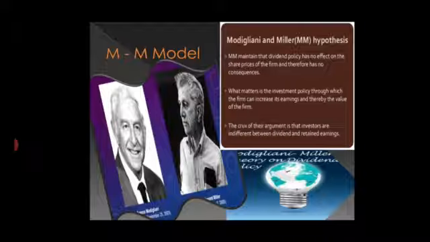So this shows that dividend policy is not affecting the share price, but the investment policy of the company is. The crux of this argument is that investors are indifferent between dividend and retained earning.